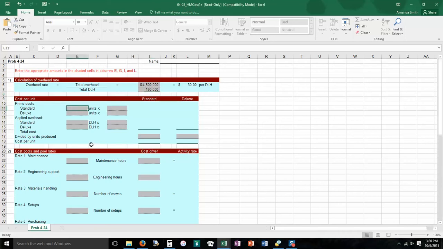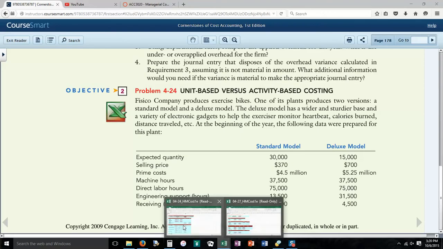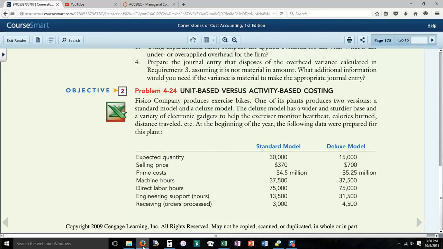For our prime costs, we're going to use the units given in our textbook. The expected quantity for the standard model is 30,000 and 15,000 for the deluxe model. And now we know that the prime costs are $4.5 million for the standard model.